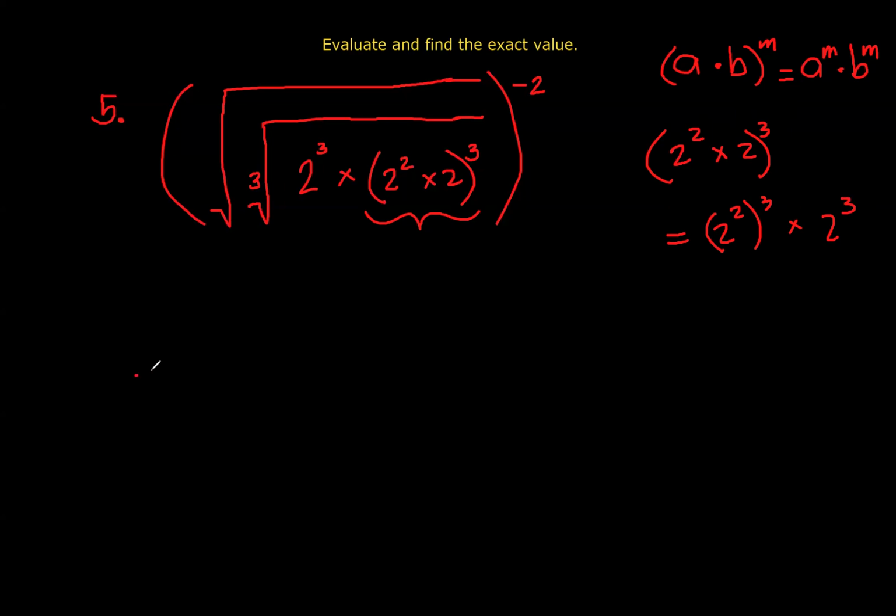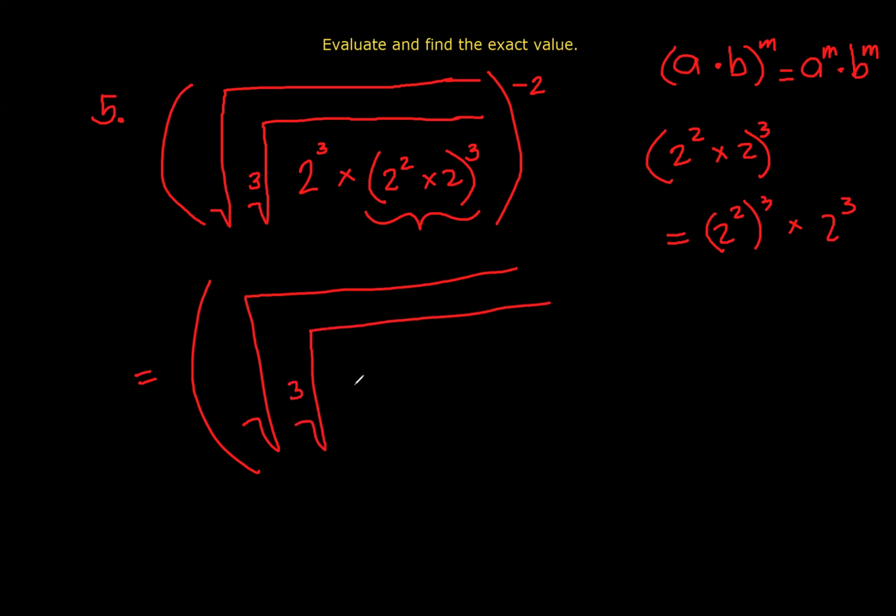So we write it here as the cube root of 2 raised to 3 times 2 raised to 2 raised to 3 times 2 raised to 3, and then raised to negative 2. That is step 1. Let's go to step 2.